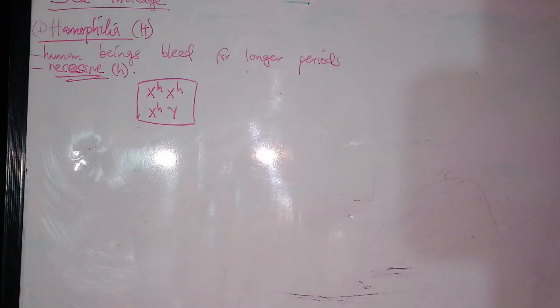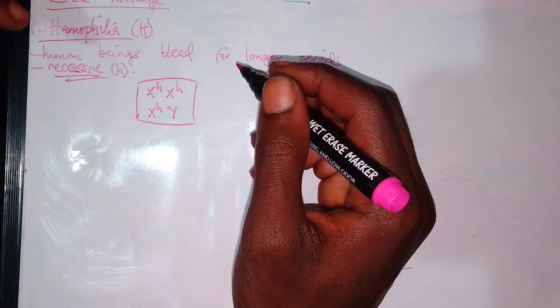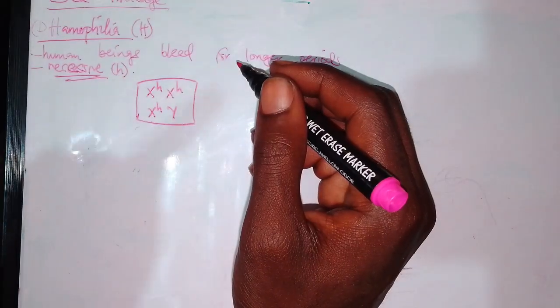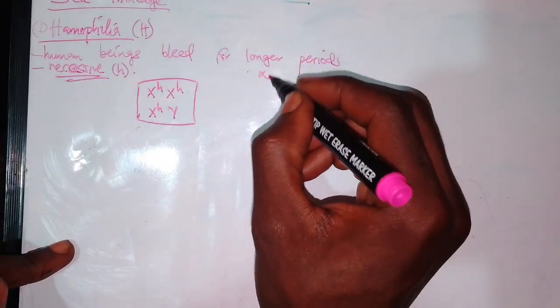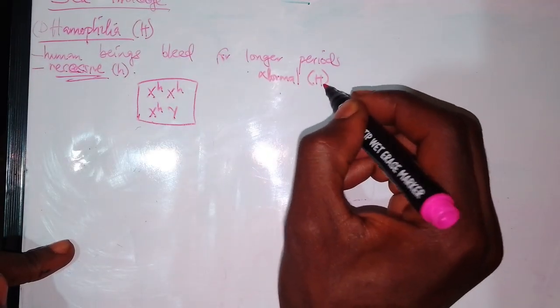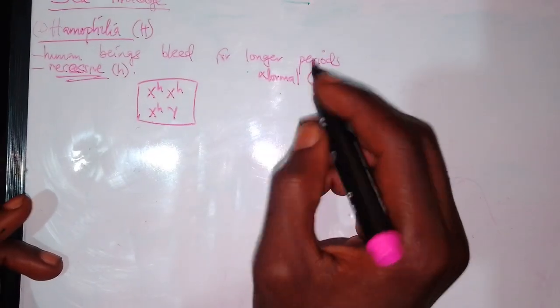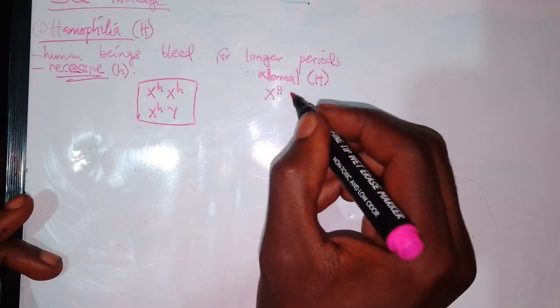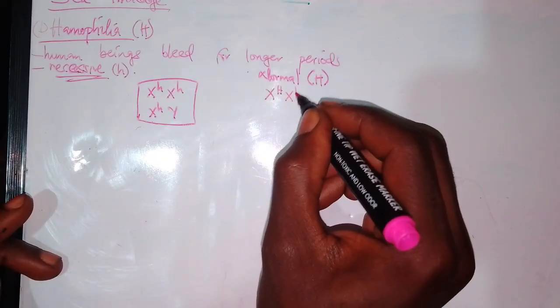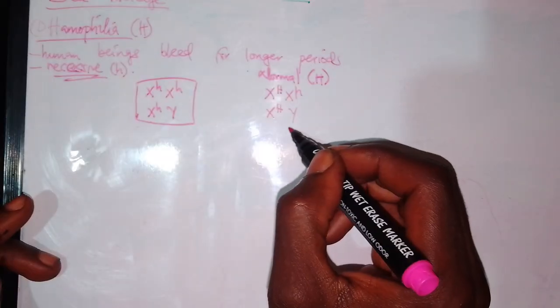When someone has a dominant allele for hemophilia, they are normal. So normal is dominant. We say that dominant is represented by H. You can have either like this or like this.